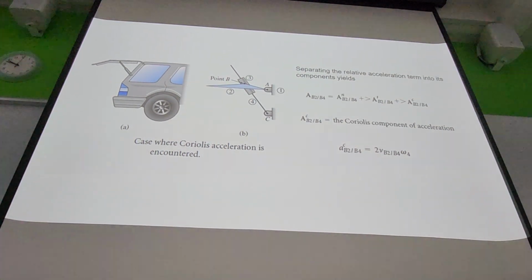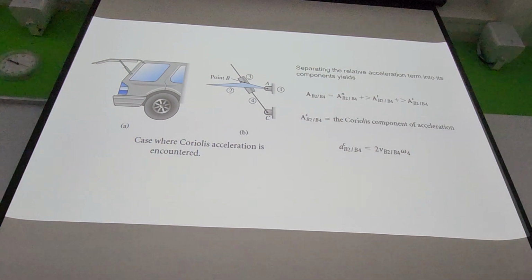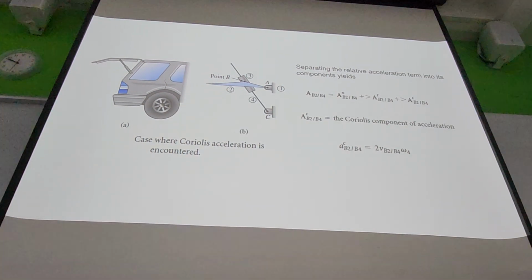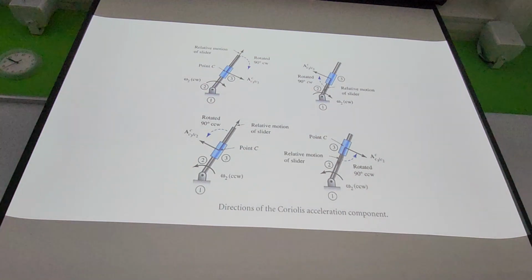So the Coriolis acceleration is 2v omega, where v is the relative velocity of the point between the 2 links and omega is the angular velocity of the link. This is how you can calculate the Coriolis acceleration magnitude. The direction we can fix based on the angular velocity of link 2 and whether the slider is moving up or down.